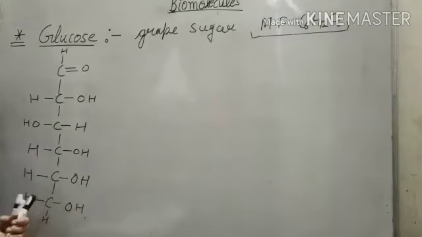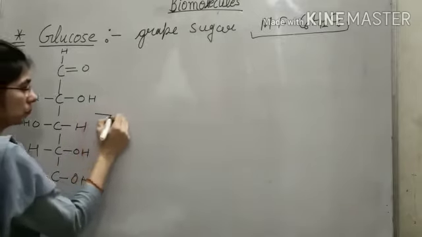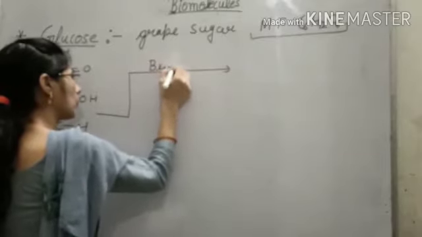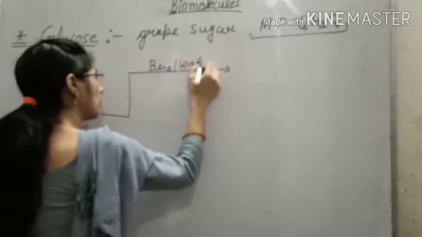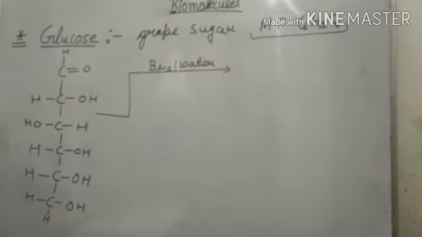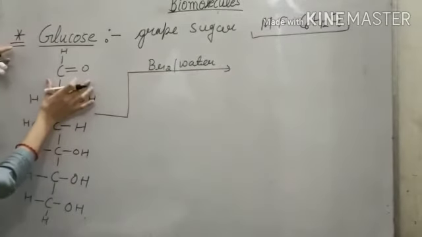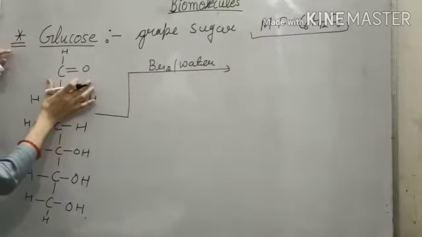And students, when glucose is treated with a mild oxidizing agent like bromine water, it gives gluconic acid containing the same 6 carbon atoms as present in glucose. The aldehyde group is converted into a carboxylic group.